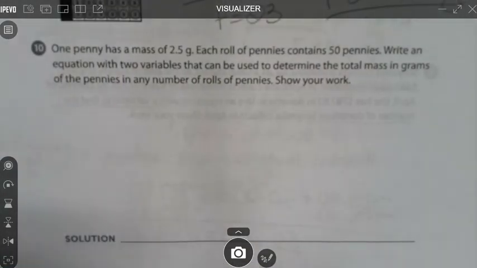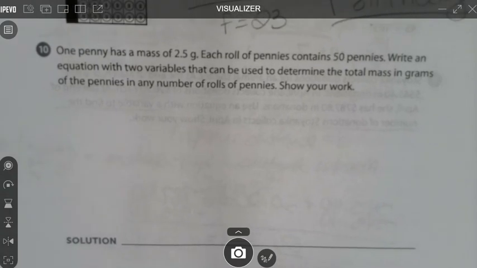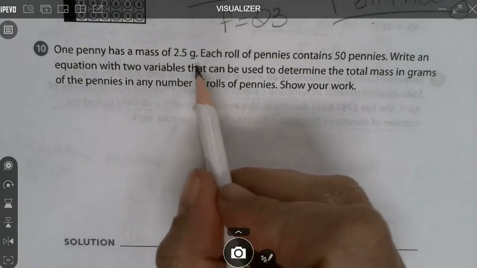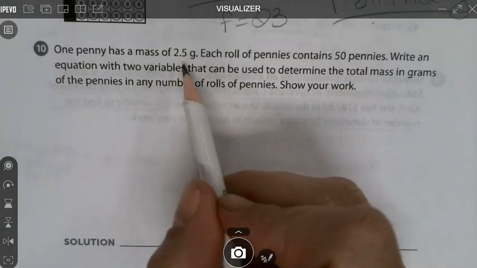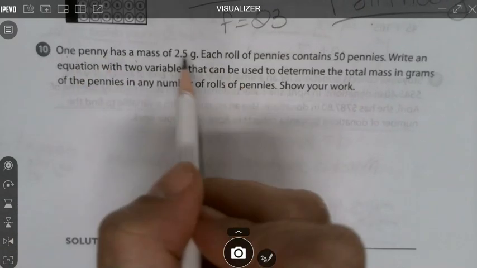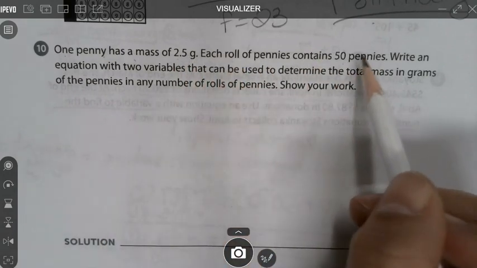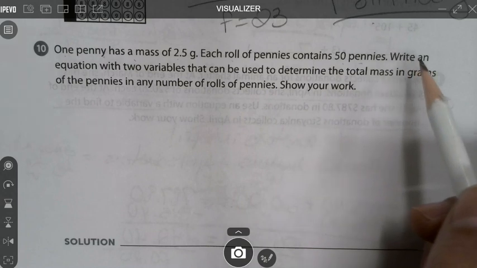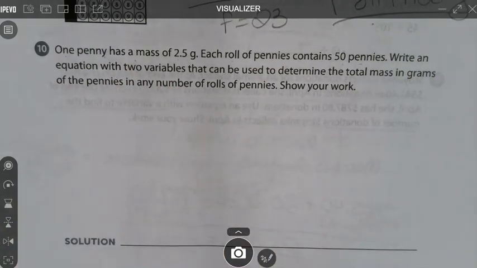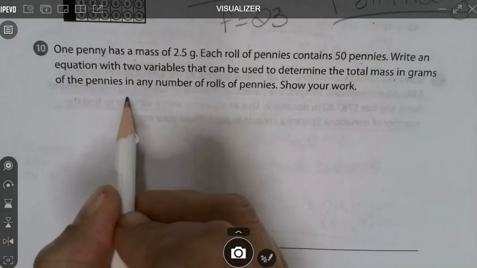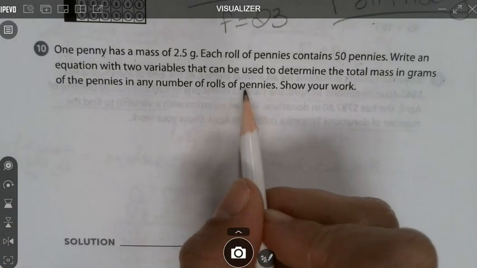Number 10, 1 penny. 1 penny has a mass of 2.6 grams. Each roll of pennies contains 50 pennies. Write an equation with 2 variables that can be used to determine the total mass in grams of the pennies in any number of rolls.